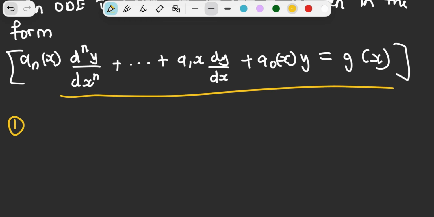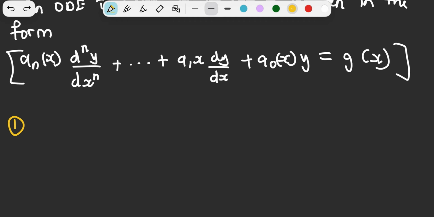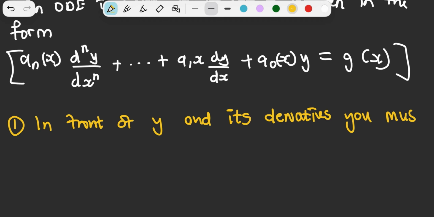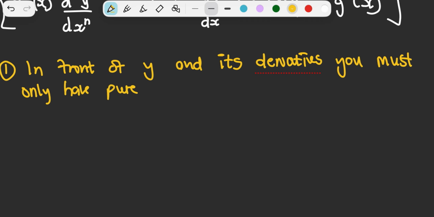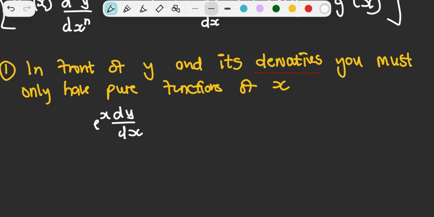The first rule that you need to follow is that in front of y and its derivatives, you must, I repeat, you must only have pure functions of x. What I mean by this is that if you have dy over dx, behind it there must only be pure functions of x, like e to the power of x or cos x times dy over dx.